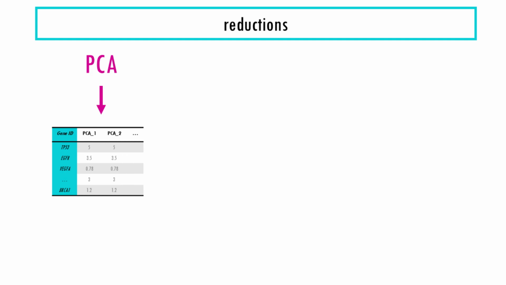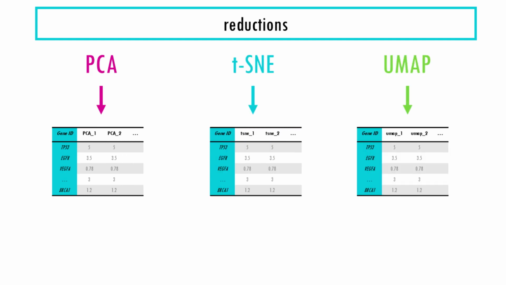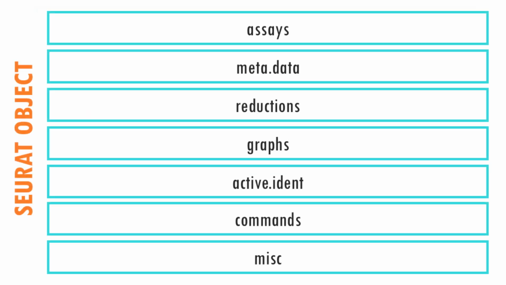Examples are PCA, TSNE, or UMAP. Each reduction stores a dimensionality reduction object which contains information about the reduced coordinates, for example, UMAP coordinates, and additional metadata like the variance explained by principal components, for example.